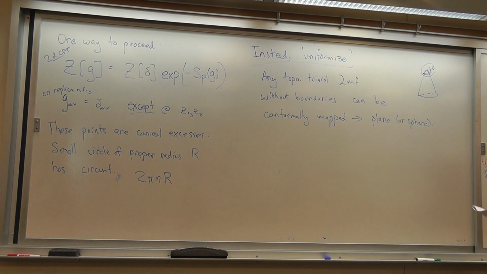I'm being a little bit quick about the points at infinity. But in conformal field theory, every time I draw a plane, you can think of it as a sphere, just by including the point at infinity.